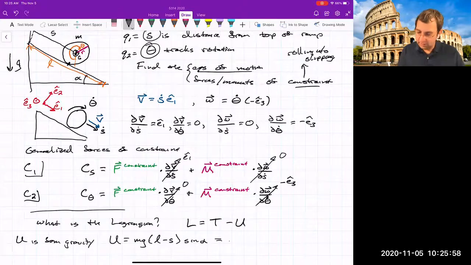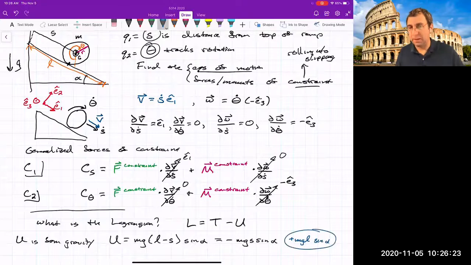We'll write it in terms of things that depend on our generalized coordinates and those that don't. So we have negative mg S sine alpha, and then this other term, mgL sine alpha. This doesn't depend on any generalized coordinates, so we can ignore it. We don't need to carry it around. This other term depends on the generalized coordinate S, so it will make a difference when you take partial derivatives.